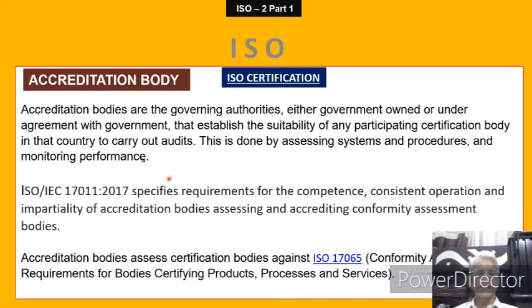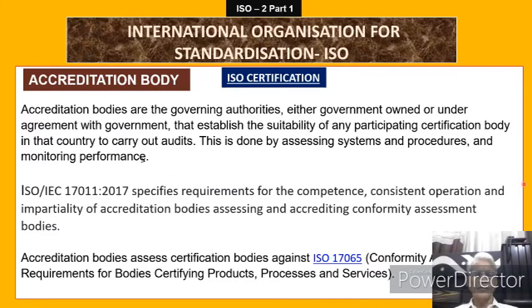So the first thing is accreditation body. This AB establishes the suitability of any participating certification body in that particular country to carry out audit. ISO/IEC 17011:2017 specifies requirements for the competence, consistency, operation and impartiality of accreditation bodies.